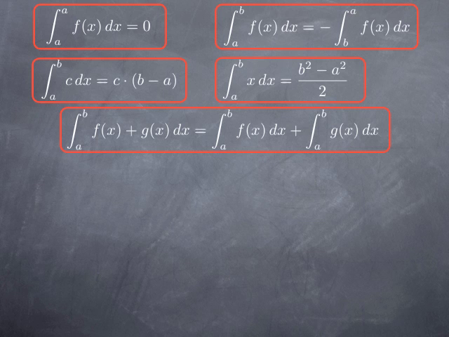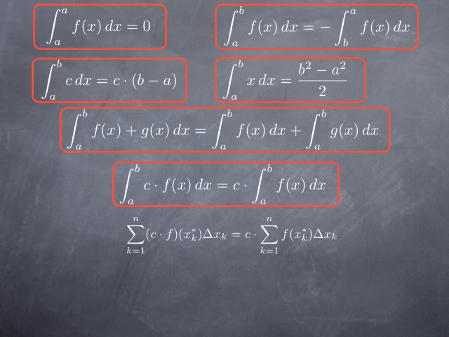Something we have seen in the previous video is that the integral of x from a to b is simply (b squared minus a squared) over 2. If I integrate a constant multiple of a function, so a function of the form c times another function f, I can pull the constant c out of the integral, and I get the constant multiplied by the integral.